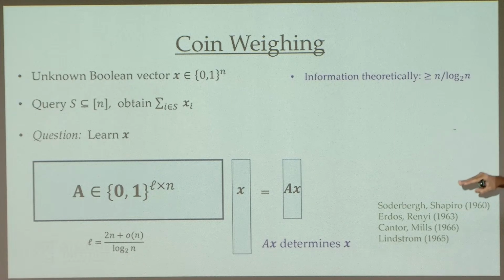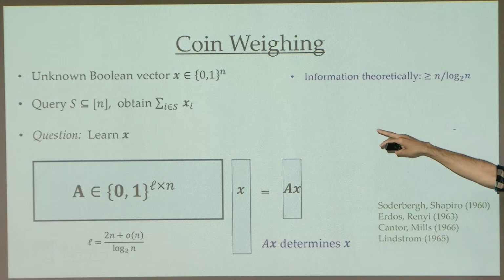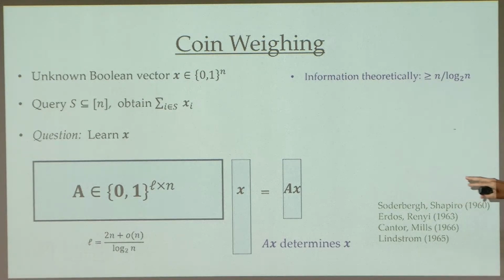There are 2n over log n different subsets S, so that if you ask for the summation of Xi over i in S for those subsets, those rows, you get the answers, and you can figure out X.